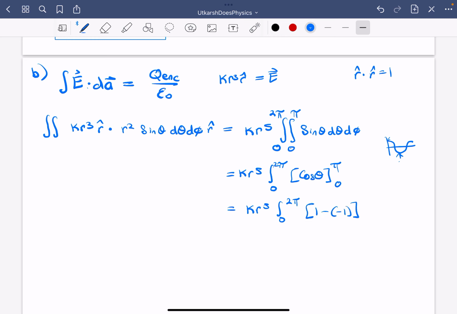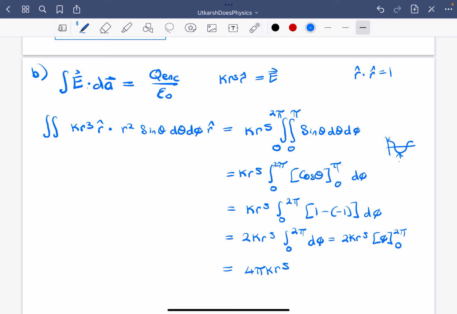One minus -1, the first value, and then we subtract the second value. And that's equal to 2, which we can pull outside of this integral. I don't want to forget to write the d phi. And then we're integrating from 0 to 2 pi for d phi, which is equal to 2kr to the 5 times phi, evaluated from 0 to 2 pi, which is exactly equal to 4 pi k r to the 5.